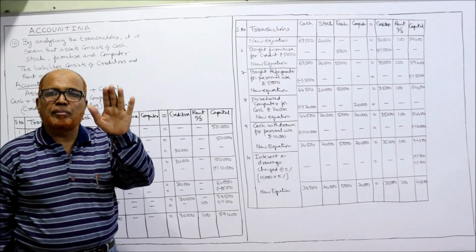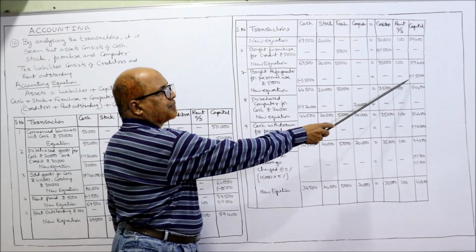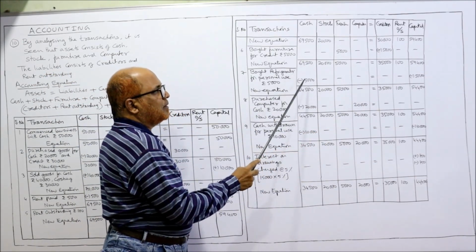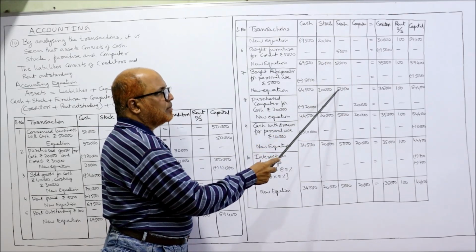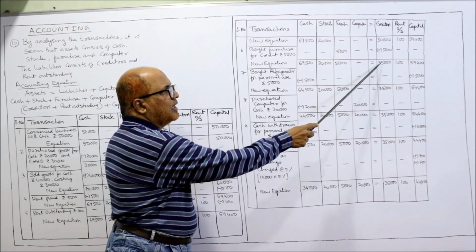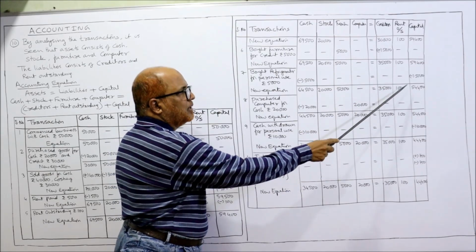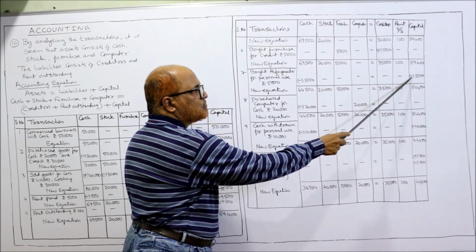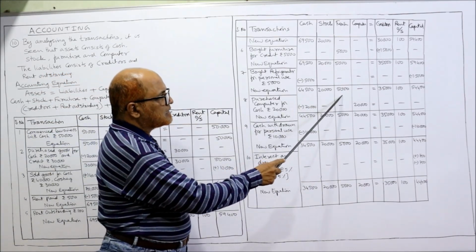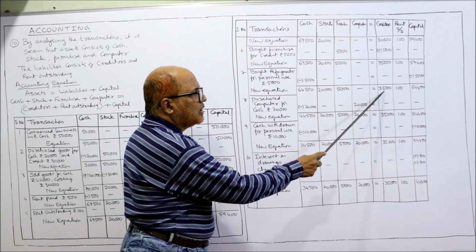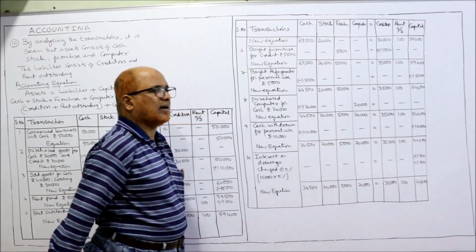So that 5,000 will be deducted from capital. So 69,500 minus 5,000, 64,500. 20,000 remains same, 5,000 remains same, dash, is equal to 35,000 same, 100 same, 59,400 minus 5,000, 54,400. Now if you add up the three assets, that will exactly be equal to 35,000 plus 100 plus 54,400.